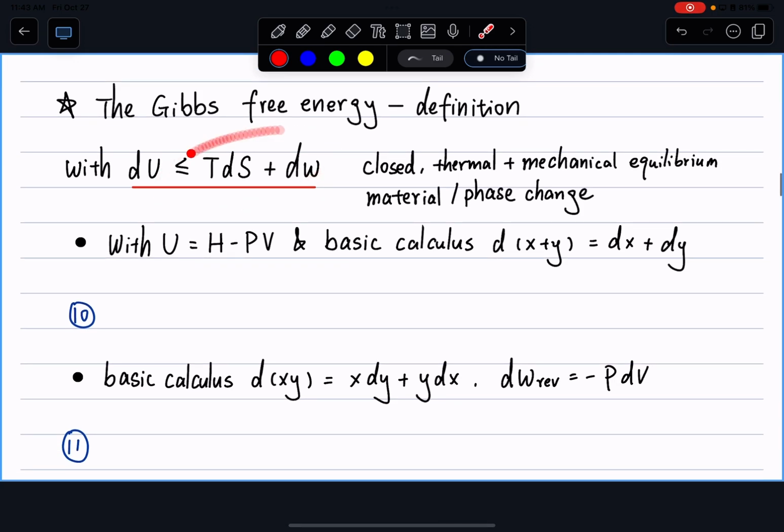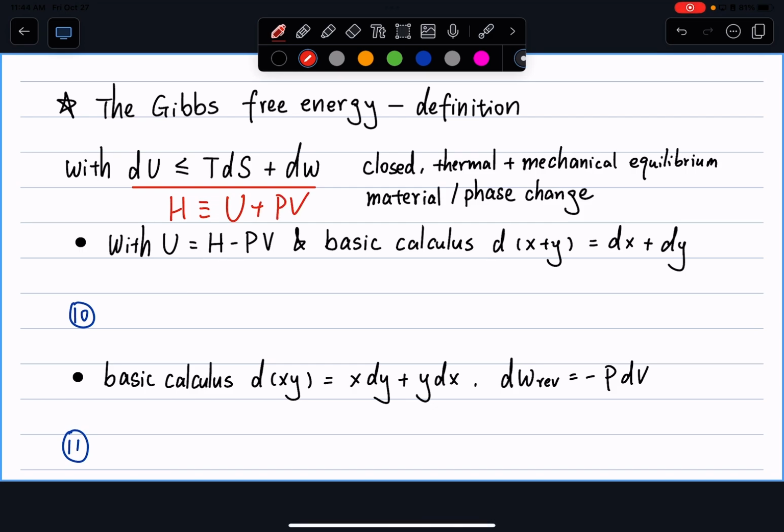So first of all, we're still using this relationship. Your dU is smaller than or equal to TdS plus dW. And now let's use our U equals H minus PV. So that's the same as H equals U plus PV. That's the definition of your enthalpy, right?